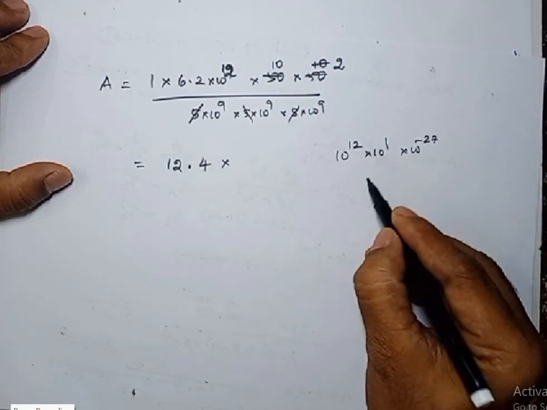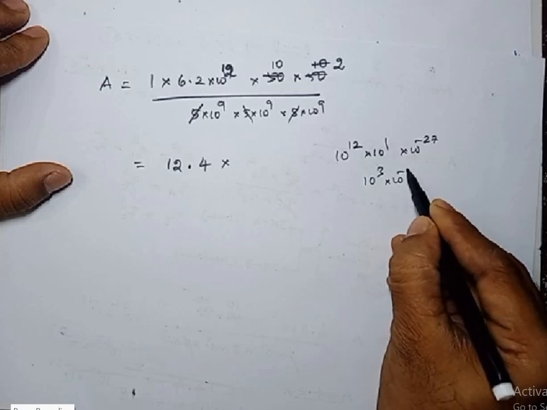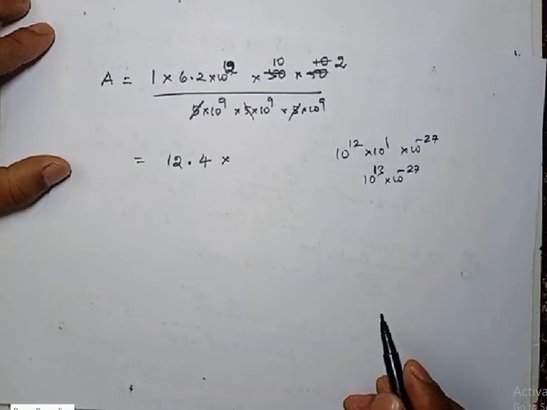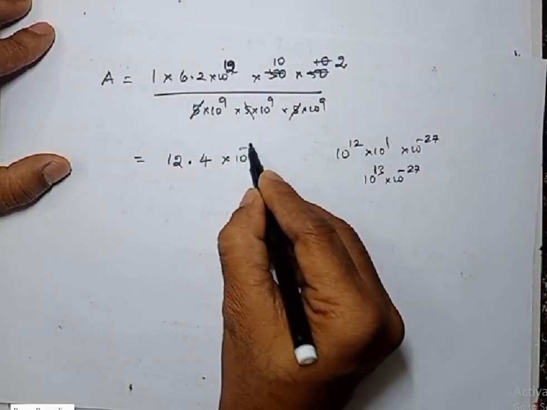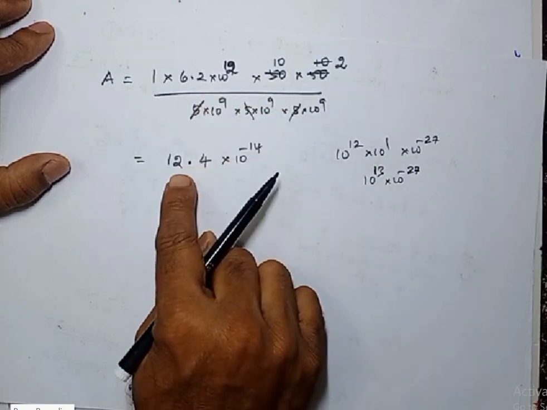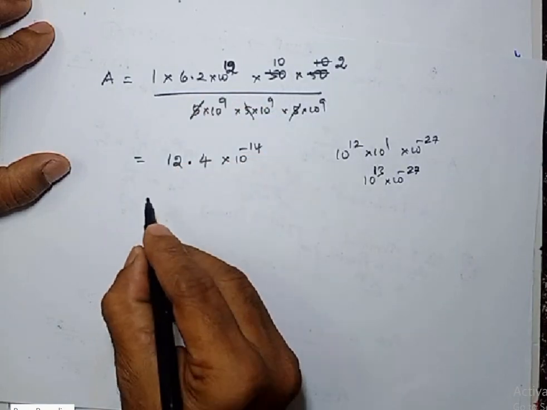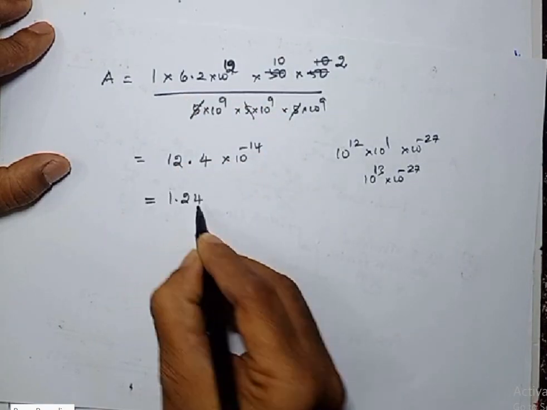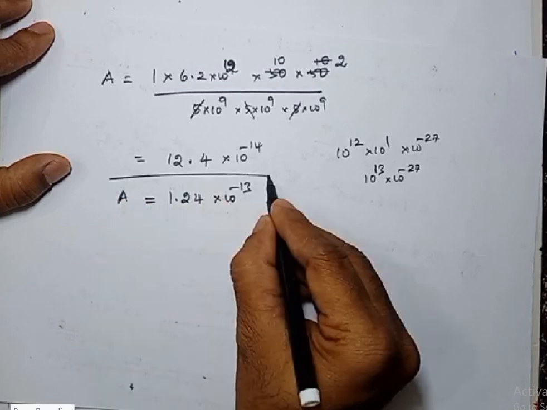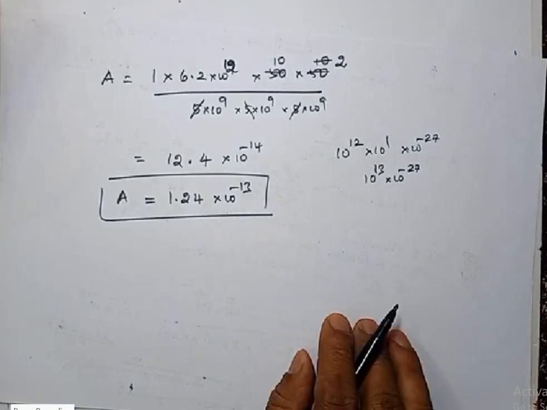So 10 power 13 and 10 power minus 27, I'll get 10 power minus 40. Now, if you write it in standard form, divide this value by 10 and multiply by 10, you will get 1.24 into 10 power minus 13. Yes, this is the pre-exponential factor. Take it.